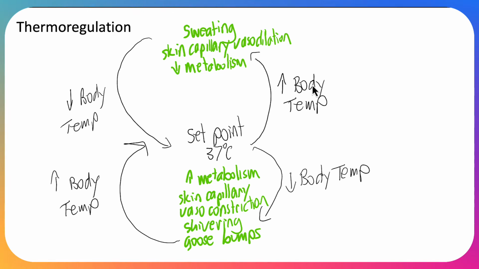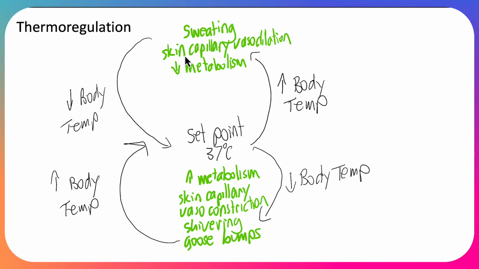Then we have responses. The first one is sweating. Okay, so we excrete water through our excretory sweat glands onto the skin, and that water evaporates, taking heat with it. We have skin capillary vasodilation. Vaso means vessel, dilation means open.